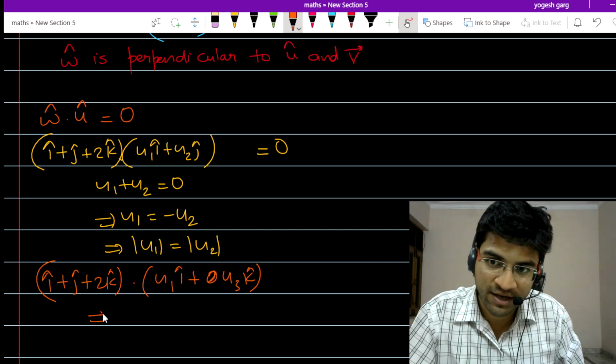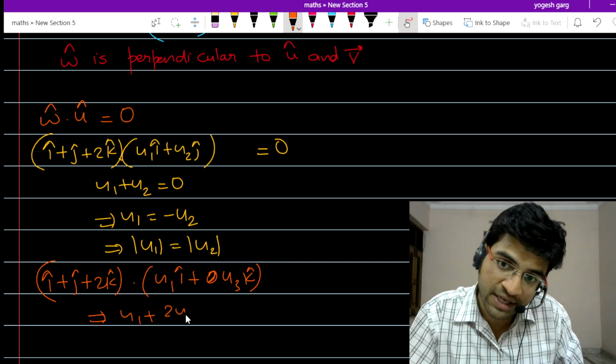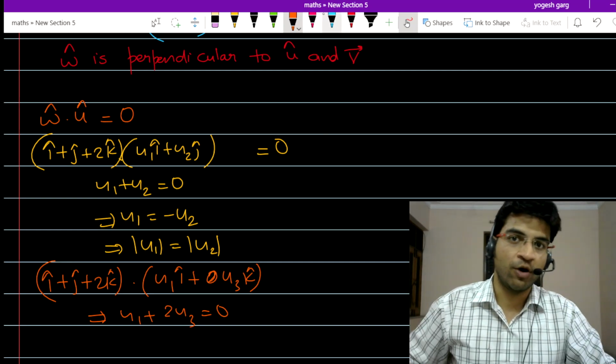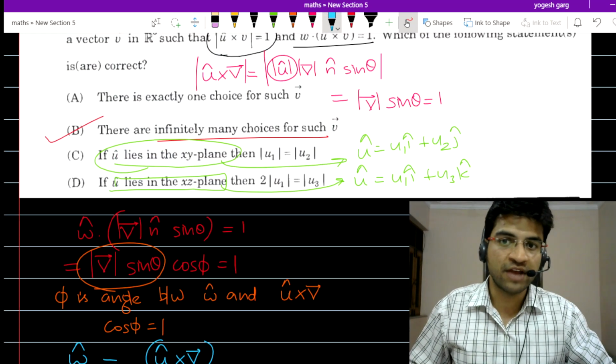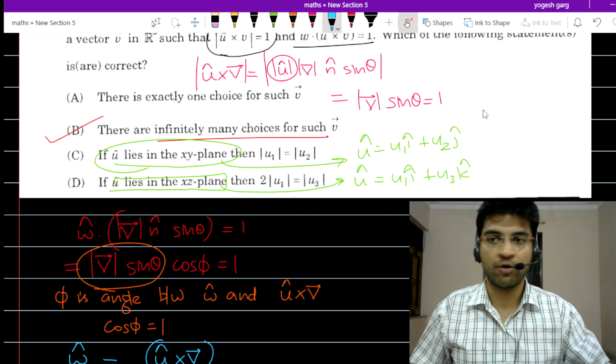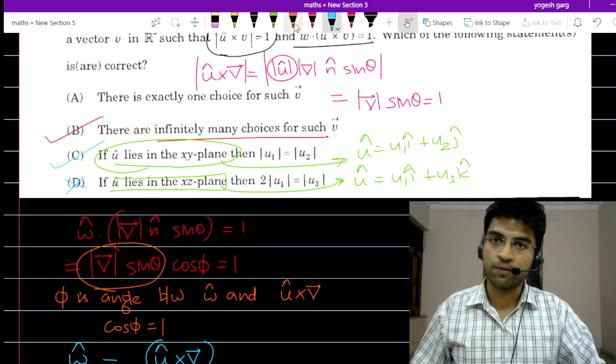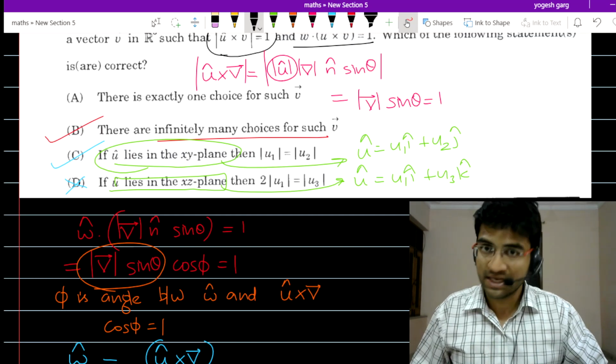I'm sorry for bad handwriting. From this you will get u1 plus 2u3 is equal to 0. So u1 mod is equal to 2 u3 mod. But in D option we have 2 u1 mod is equal to u3 mod. So D is not correct, but C is correct. So B and C, these two options are correct in this particular question, and D is not correct.